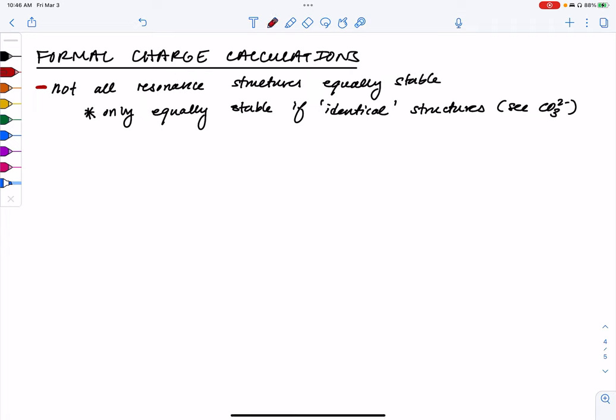If I were to be creating a Lewis dot structure of a particular covalent compound and found myself writing multiple versions of that Lewis dot structure, all with the octets met, they just look slightly different due to the placement of those double and triple bonds, then I would find that those different resonance structures, those different equally valid Lewis dot structures that I'd drawn, would not necessarily all be equally as stable or favorable, meaning that not all of them are going to be good representations of how I might actually encounter my molecule out in nature.